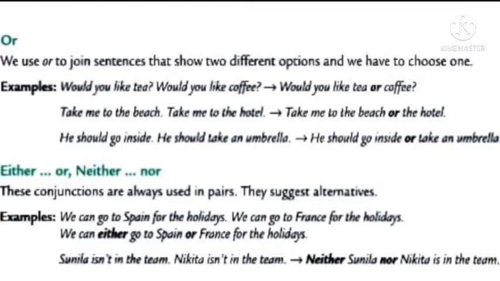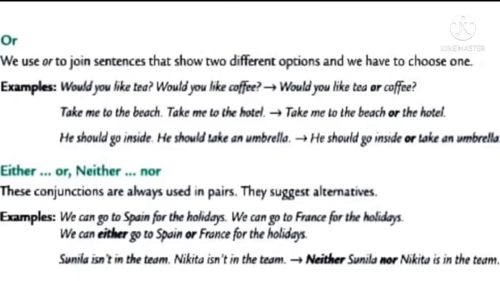The next conjunctions are always used in pairs, okay? For example, either or. We always use it in pairs. We use them together. Next, neither nor. It is always used together, or in pairs, okay? And why do we use either or, neither nor?